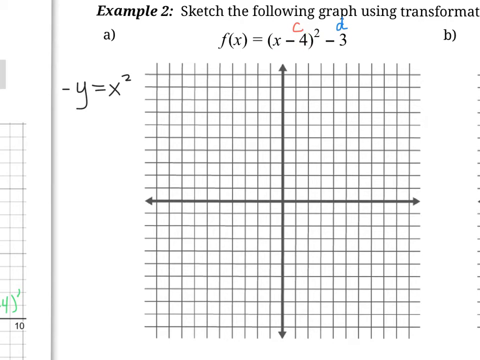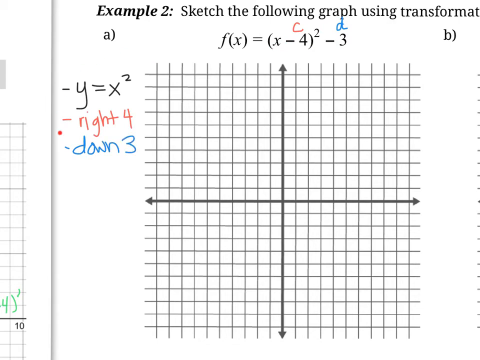What's actually going to happen? It looks like it's going to be left, but it's right 4. And just go back to that cheat sheet on the other page if you're still confused by that. And then D is outside the function, so we know it's going up and down. And D is just logical. If it says take away 3, guess where this is going? We're going down 3.